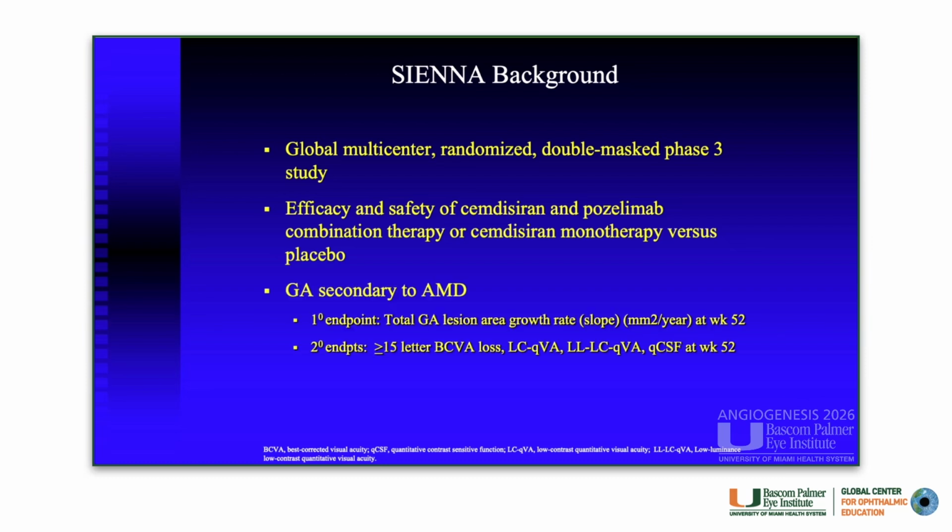Eyes were enrolled with geographic atrophy secondary to AMD with a primary endpoint of the total GA lesion area growth rate, or the slope, in millimeters squared per year at week 52, and secondary endpoints were at least a 15-letter best corrected visual acuity loss, low contrast quantitative visual acuity, low luminance low contrast quantitative visual acuity, and a quantitative contrast sensitivity function.